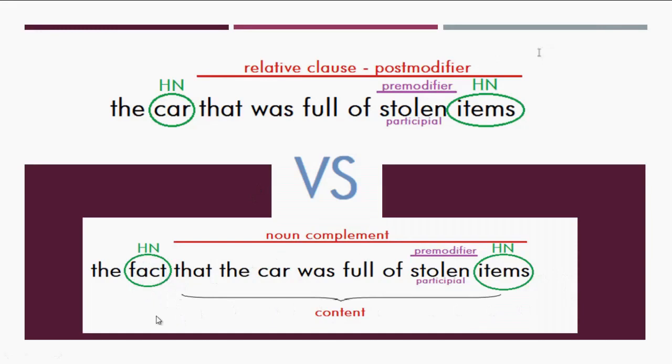That the car was full of stolen items is the fact itself. Please note that in this case, this clause is not a post modifier. This clause is a noun complement. We're going to see this distinction in detail in the following video.